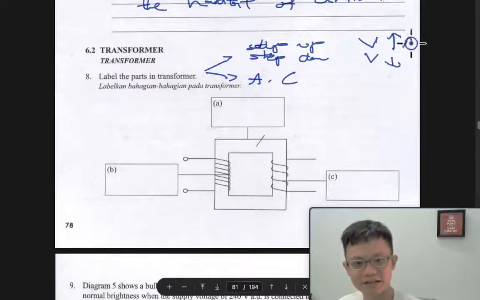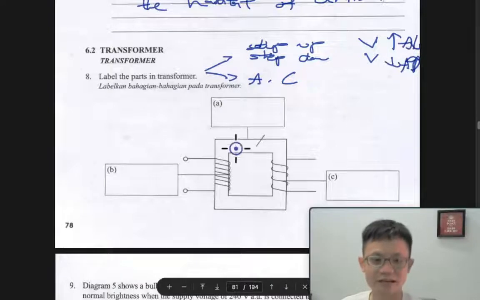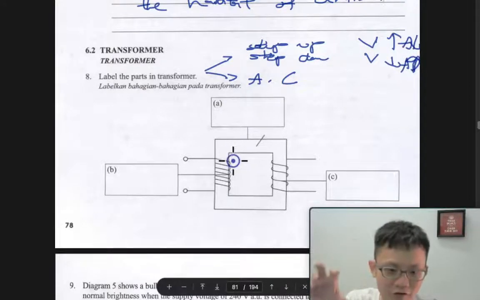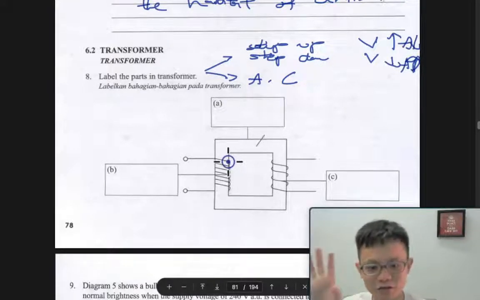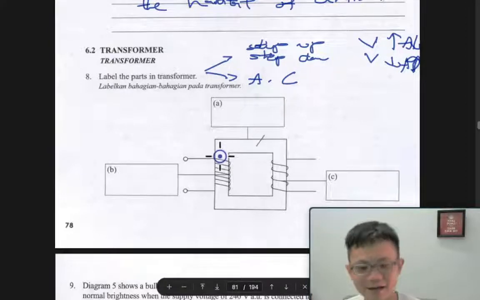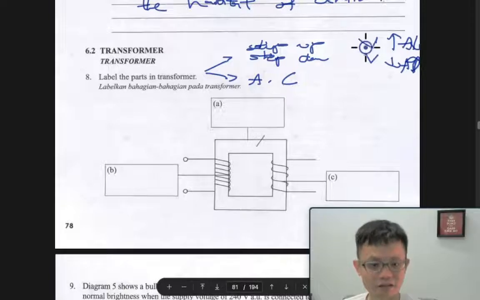I already taught, right, if you step down the voltage, the ampere will increase. So there is no free energy in this world. Even though you put many transformers in front of your house to increase the voltage, you thought you get a free aircon, but it's not a free aircon. You are increasing the voltage, and at the same time you are reducing the current.